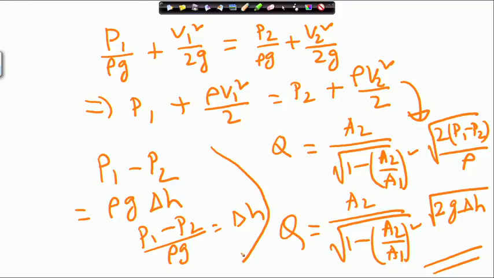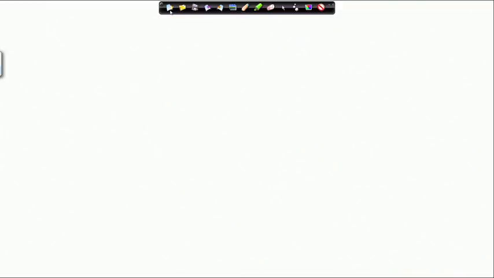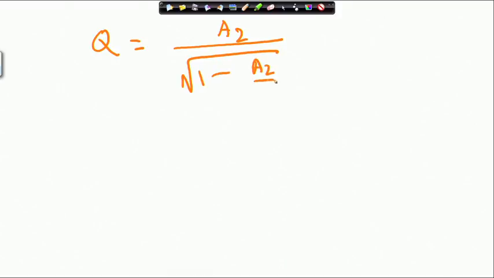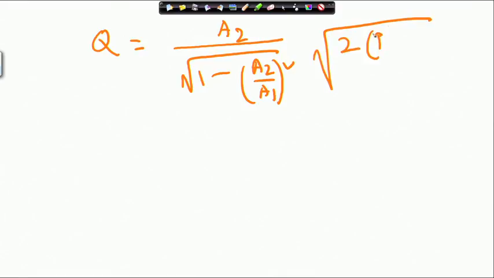Now, we apply this equation as applicable to the problem. So, what I get is Q is A2 by square root of 1 minus A2 by A1 whole square into square root of 2 P1 minus P2 by rho, that can be written as 2 g delta H.